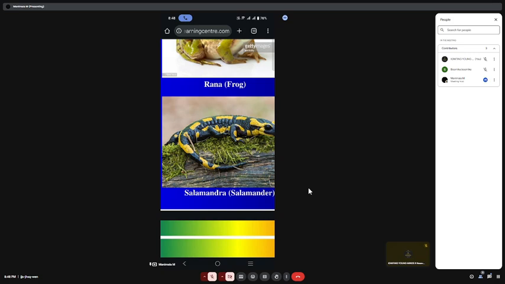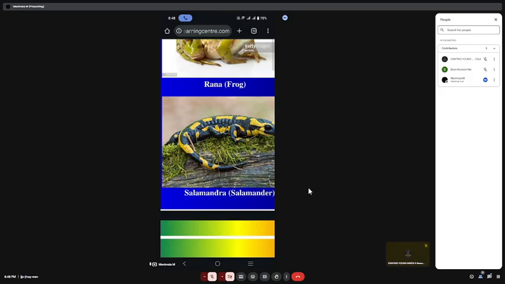So the amphibians live in both water and land. They have a dual life. They do not inhabit sea water. They breed in water only.